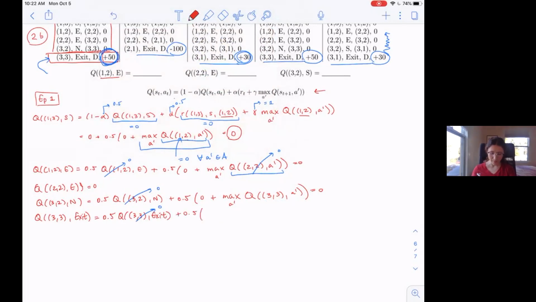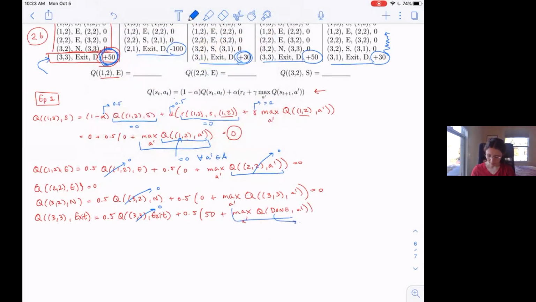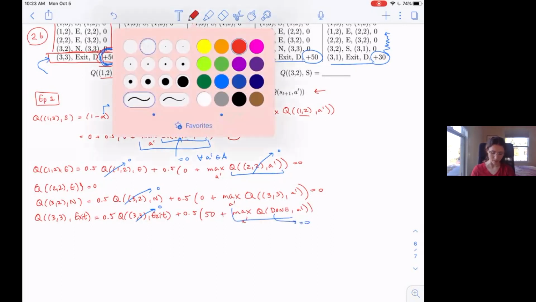But now our immediate reward is plus 50, so I'm going to put 50 here where we write down our reward. And now we're saying max over all next actions for Q of the done state A prime. In the done state, nothing interesting really happens. This will always equal 0 because the MDP terminates.